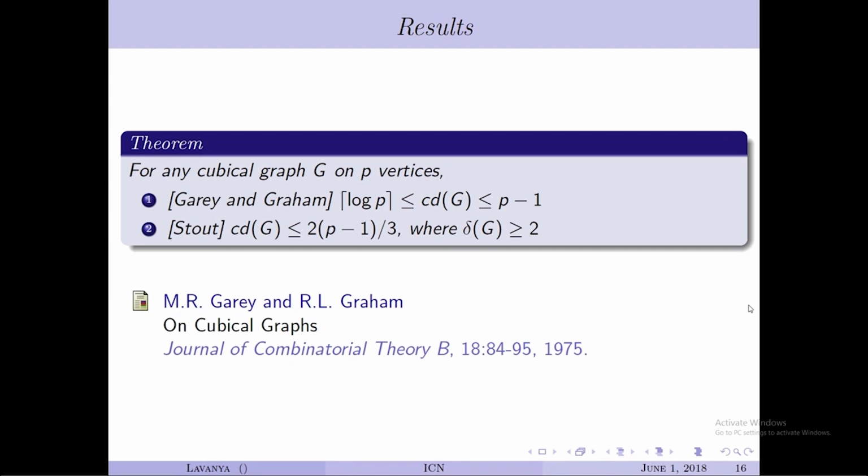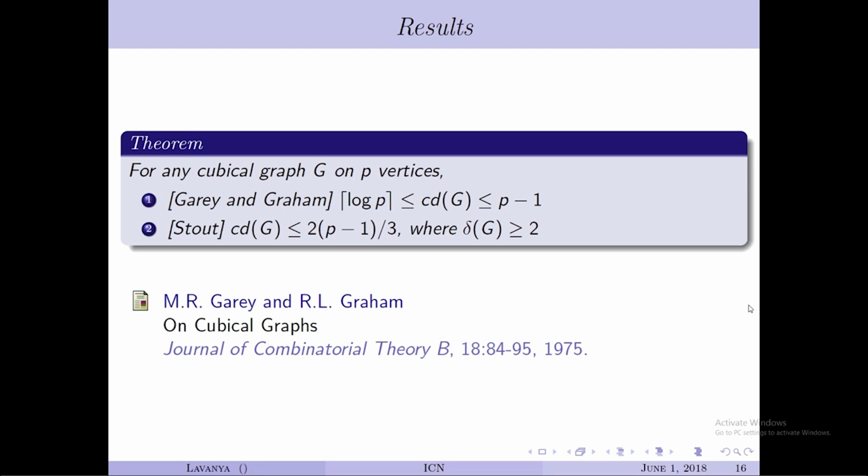For the other end, think of a star graph. There is one center vertex and you have p minus 1 pendant vertices, a star, right. So, because the degree of the star's center is p minus 1, I need my cube to have degree p minus 1, right. Therefore, the cubical dimension will be forced to be p minus 1 over here.